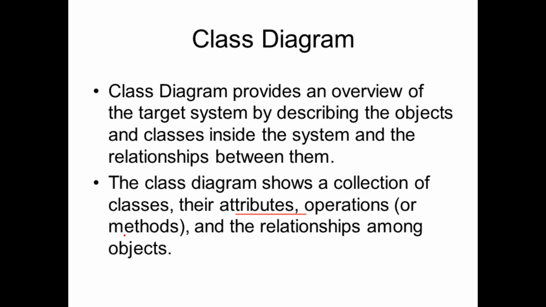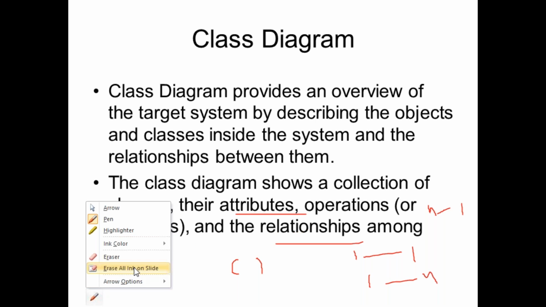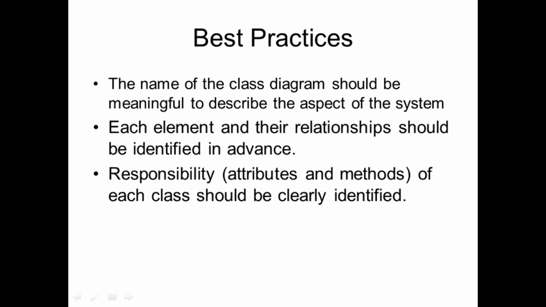Operations, methods, or functions are one and the same, and are defined in parentheses. You also have 1:1 relationship, 1:n relationship, n:1 relationship, all defined under the class diagram.